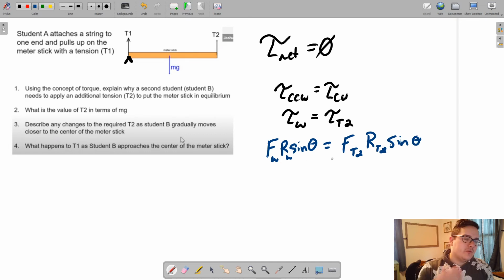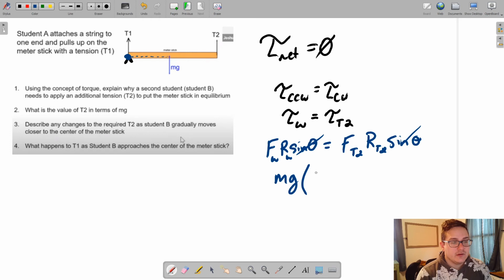This is just going from the formulas they give you in your reference sheet, but we see both of these angles here are at 90 degrees, and so sine of 90 is 1, so those are just going to go away. So now we got weight, which is going to be mg. The radius from this center point right here to here is going to be the entire length of the bar, so we'll call that L divided by 2 because it's the halfway point.